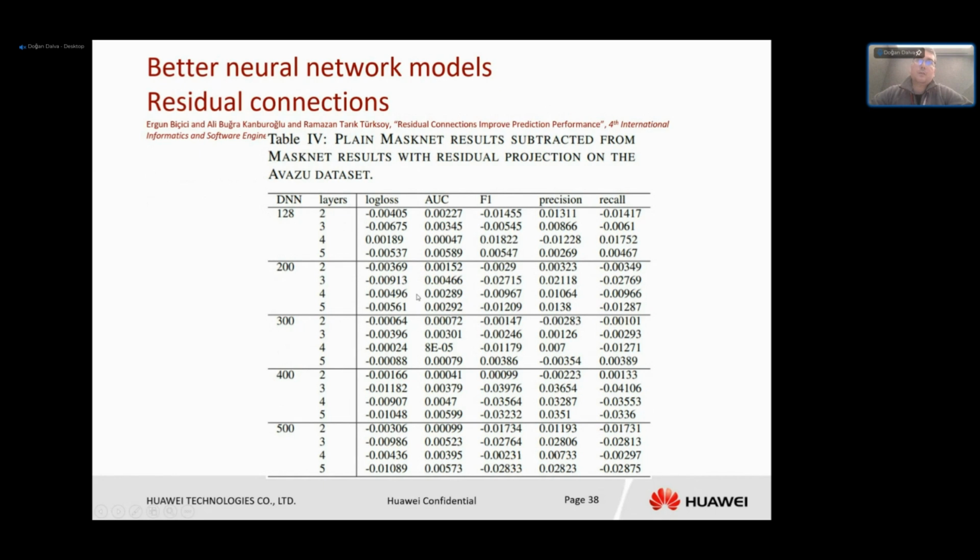So minus means log loss is decreased, which is what we want, and positive AUC results means AUC is increased, and this is also what we want. F1 is decreased, which is not wanted, but it's not significant. It's a small decrease in F1, but increase in precision and somewhat decrease in recall.